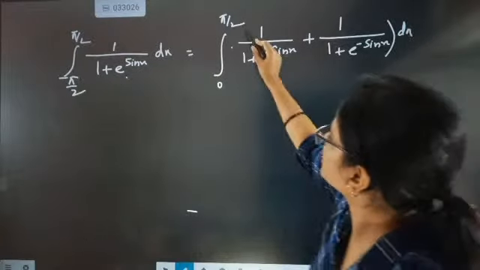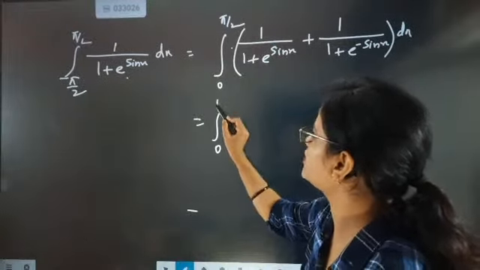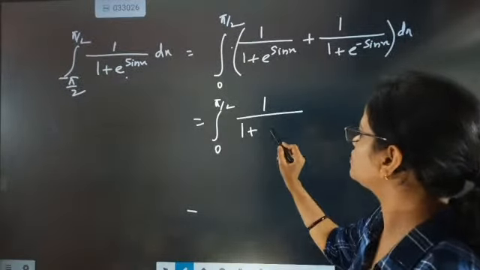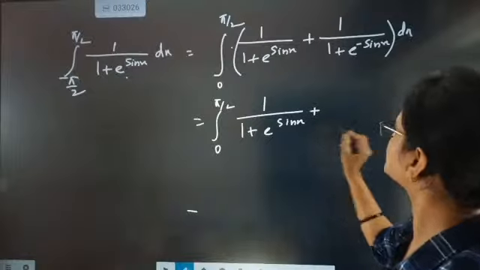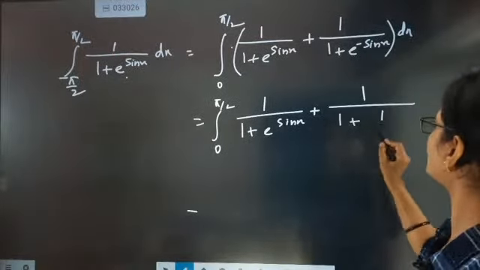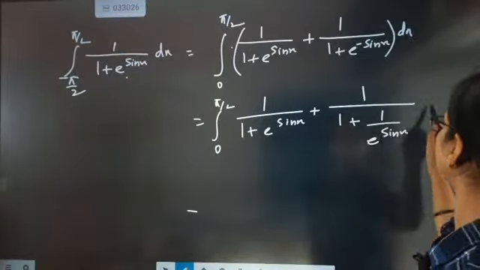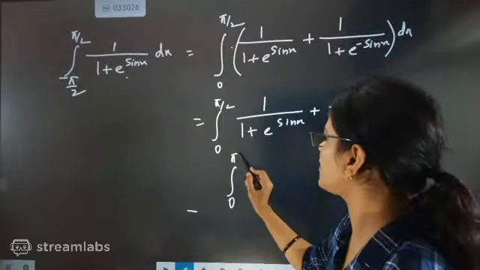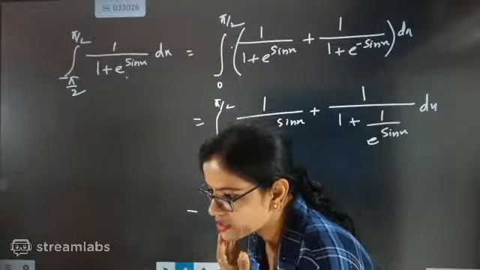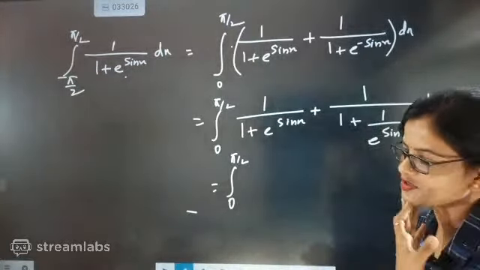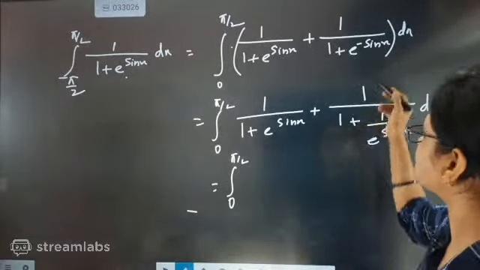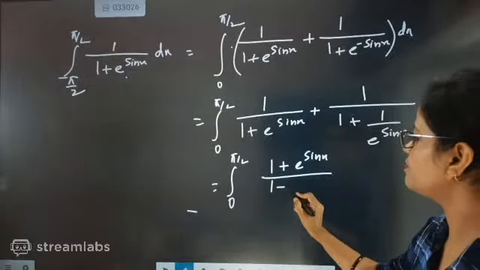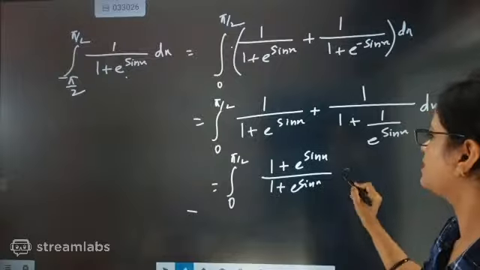So now we keep 0 to pi by 2 as it is. The minus part is there now, so we get 1 by 1 plus e to the power sin x plus 1 by 1 plus 1 by e to the power sin x, dx. Now take LCM, it is going to come as 0 to pi by 2, 1 plus e to the power sin x by 1 plus e to the power sin x dx.